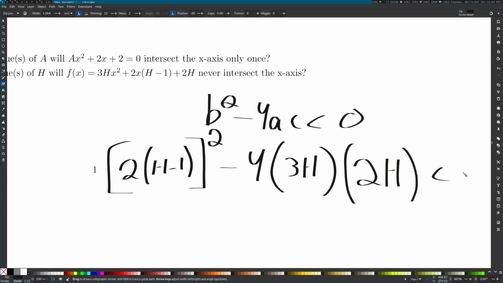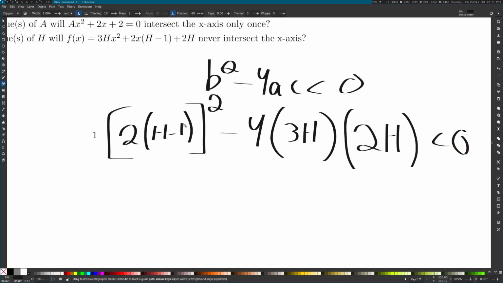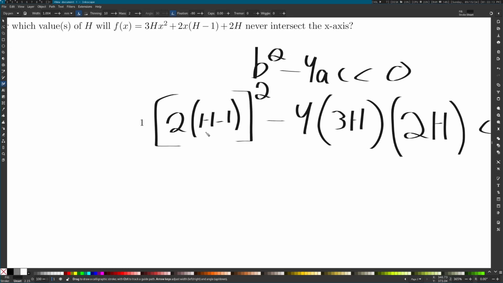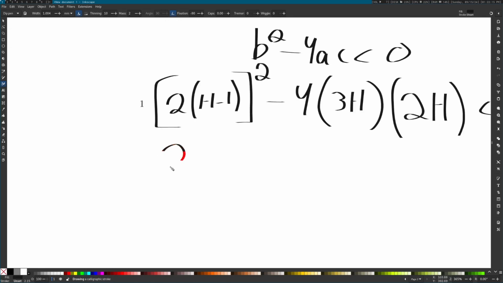And all this is less than 0. Okay, let's work on this first. So we're going to have 2h minus 2, and this quantity is squared.